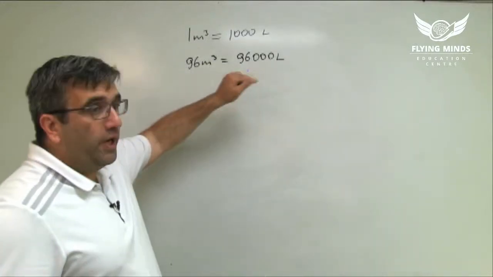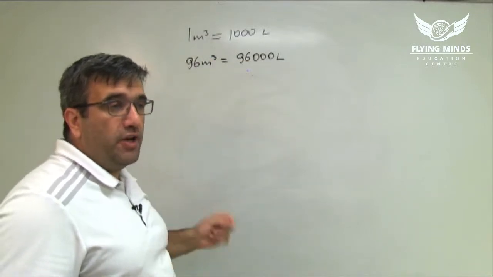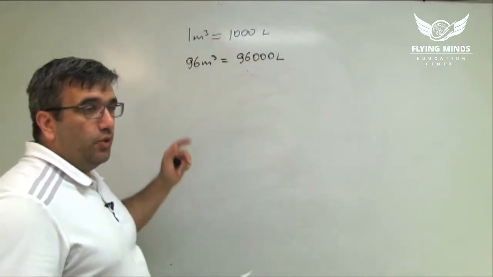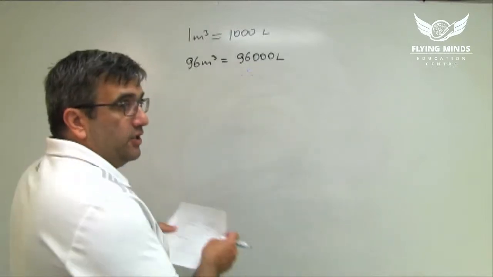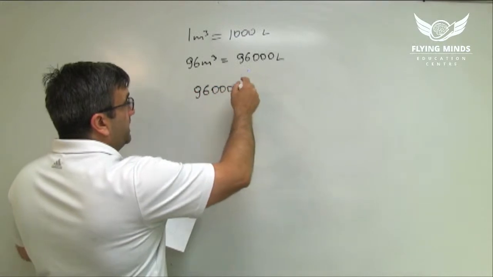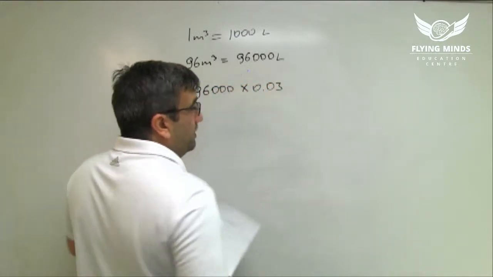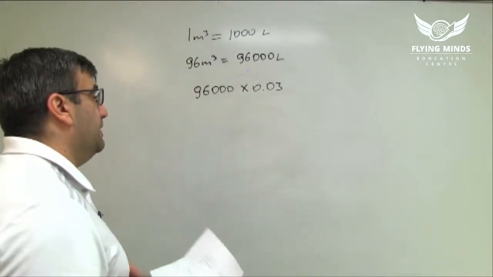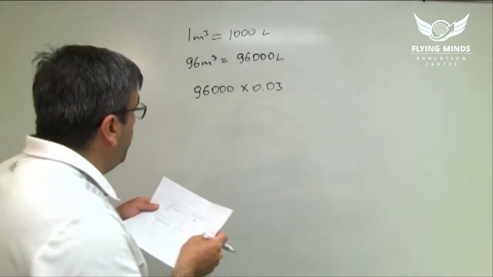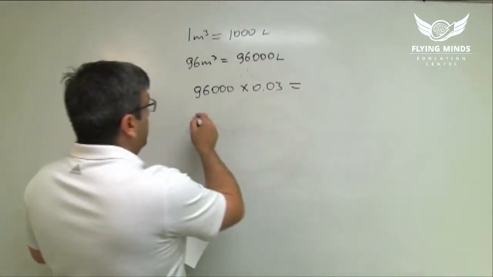Okay, and then what happens? We add 0.03 milliliters of chlorine to each liter, right? So it means we need to multiply 96,000 by 0.03, and what do we get?